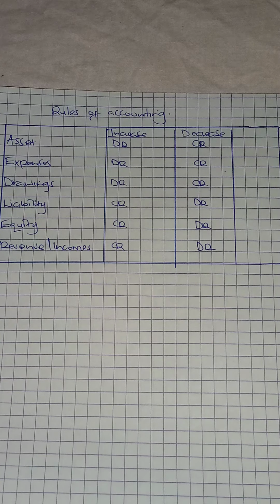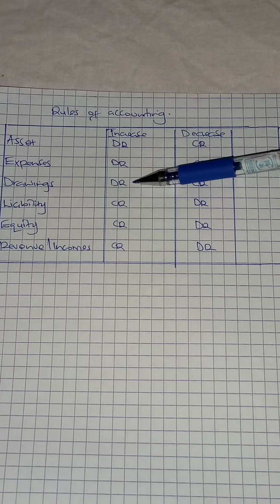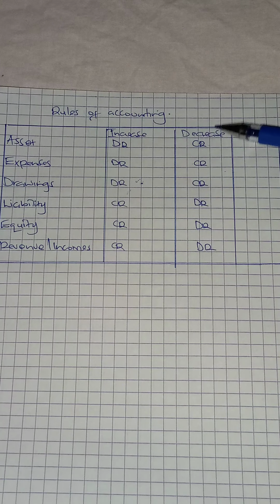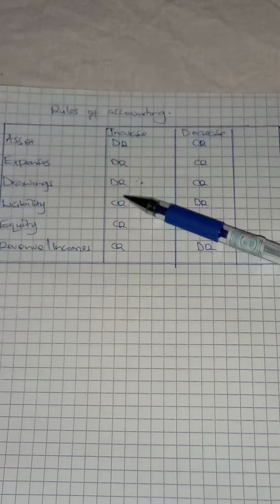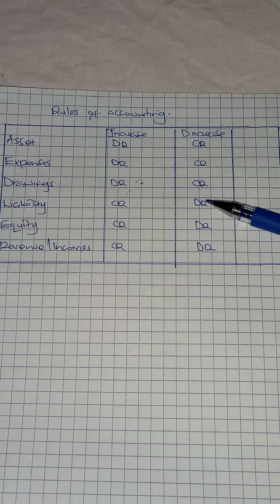This applies to assets, expenses, and drawings: all the increases, you debit, all the decreases, you credit. And when it comes to liability, equity, revenue, or incomes, when it increases, you credit, and on the other hand, when it decreases, you debit.